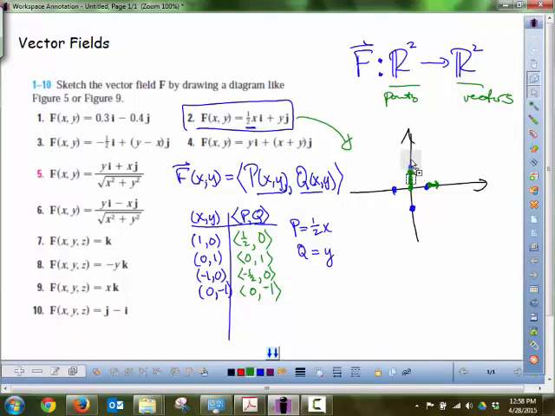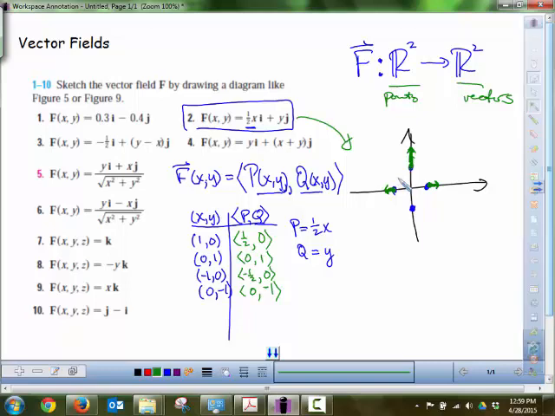In this case, I want the tail of the vector to be the point of the input. Okay? And maybe we can start getting used to being able to draw the vector displaced already instead of relying so much on it being at the origin.